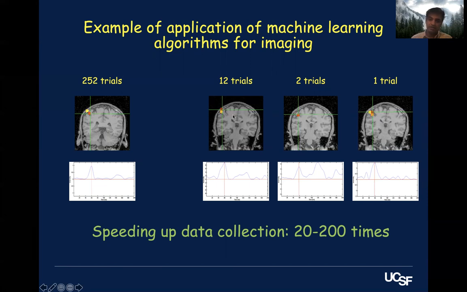And you can see here, these algorithms are still able to accurately reconstruct the location as well as the timing of somatosensory cortex, even though the data was collected in 20 to 200 times less duration. This is a great advantage because we can now start to do experiments in little children or elderly who might be very fidgety, who may not want to hold still in the scanner for a long time. This is one of the advantages of using machine learning in brain imaging.